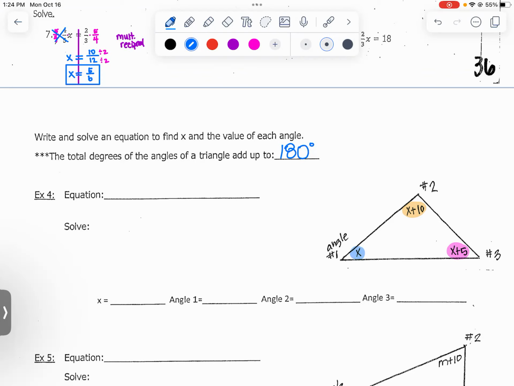So I'm going to take angle 1 plus angle 2 plus angle 3. And I know that those 3 angles should add up to be 180.